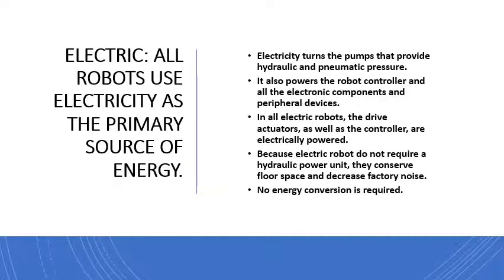First one, electric. All robots use electricity as the primary source of energy. Electricity turns the pumps that provide hydraulic and pneumatic pressure. In order to get that hydraulic or pneumatic pressure, electricity is a must. It also powers the robot controller and all the electronic components and peripheral devices. So electricity is the main and most needed thing to actuate not only the mechanism but also other components like peripheral devices.